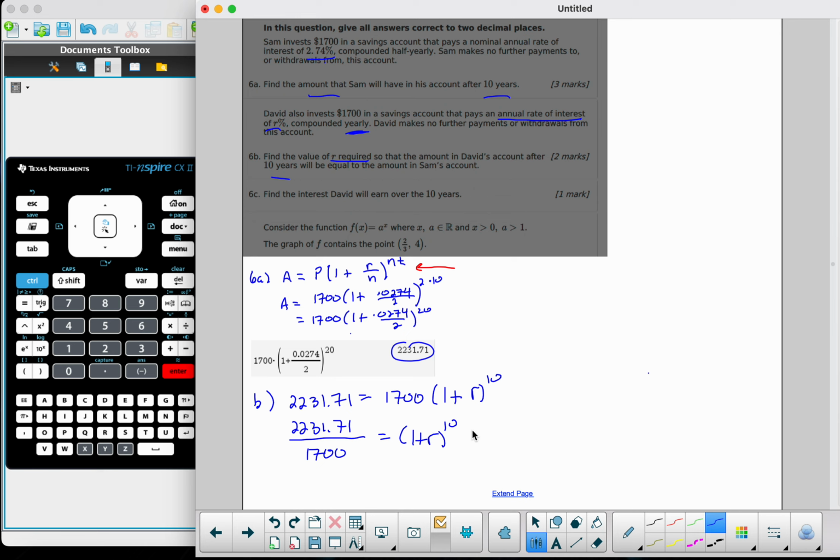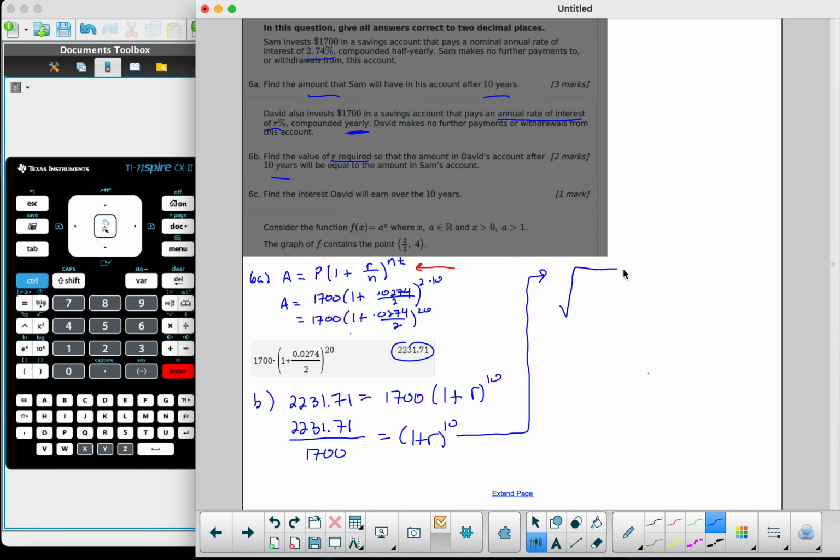Since there's not a variable up in the exponent, I can just take the 10th root of both sides.